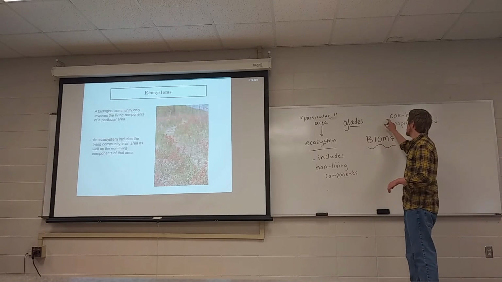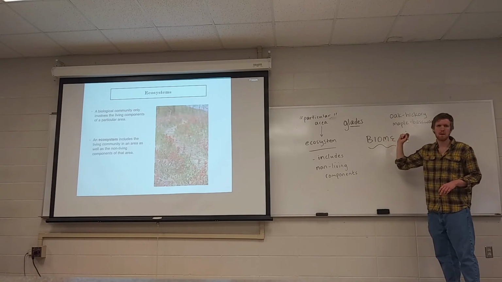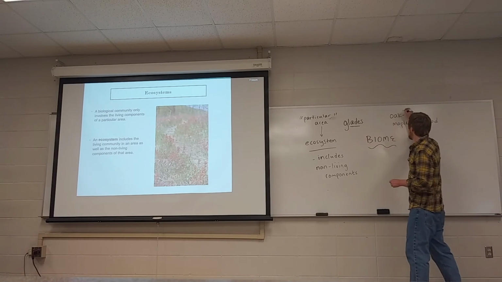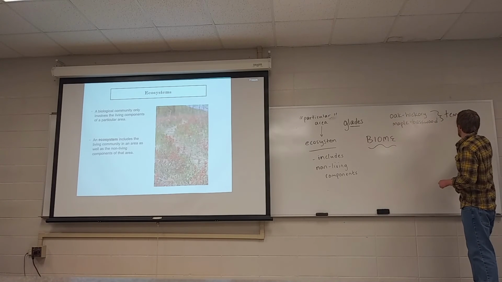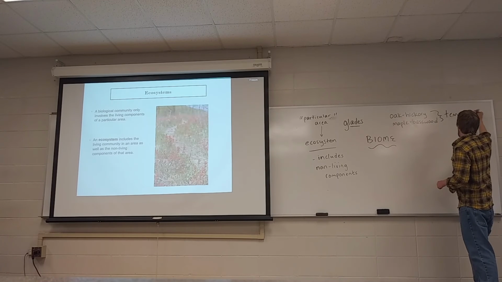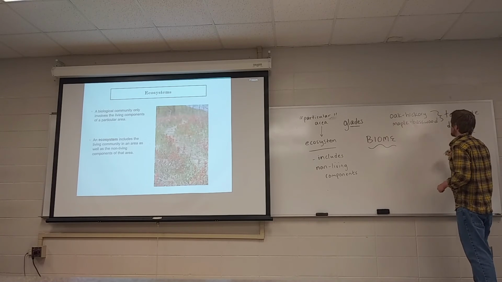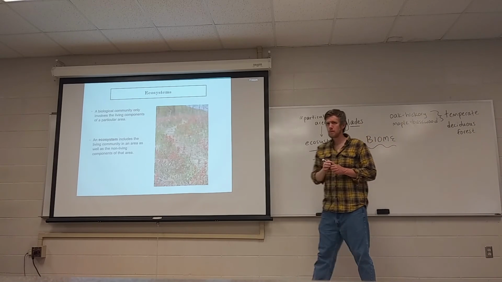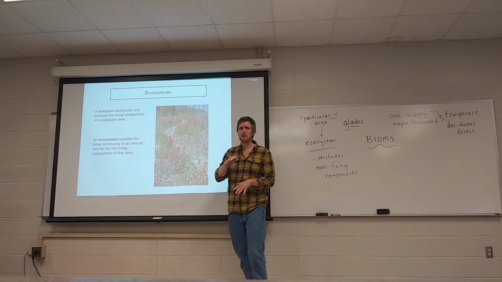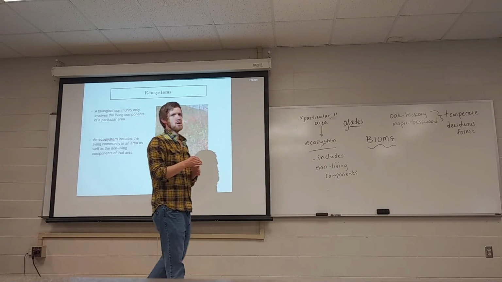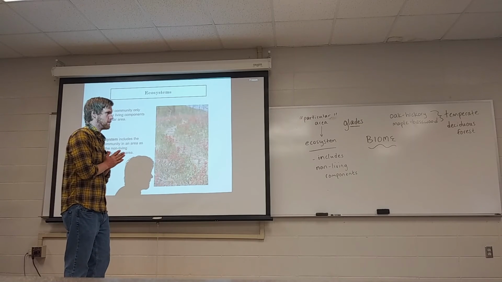You could consider these two different ecosystems, but both of them together are a type of what's called temperate deciduous forest. This simply means a forest that occurs not in the tropics, and it has trees that shed their leaves every fall.